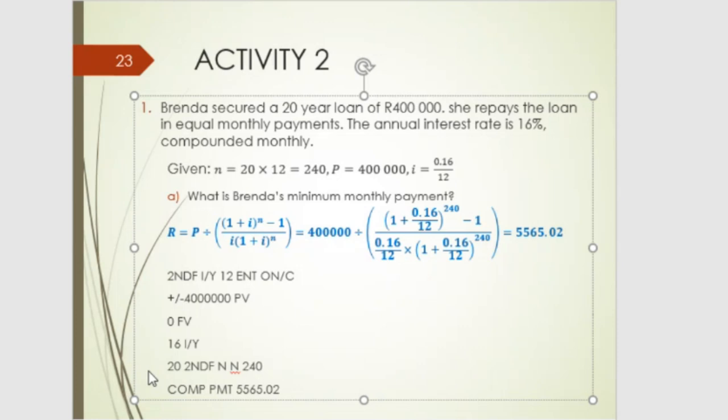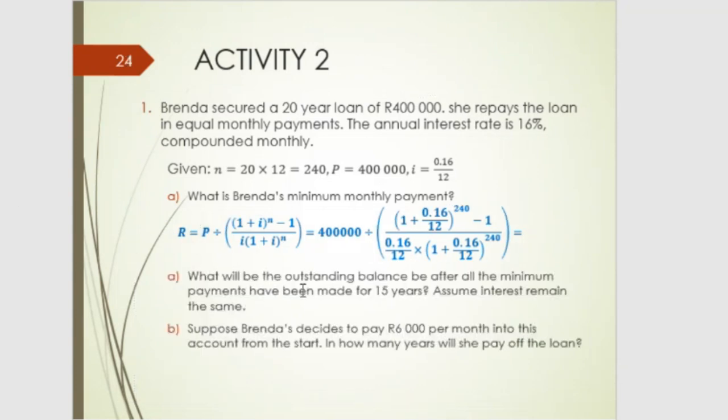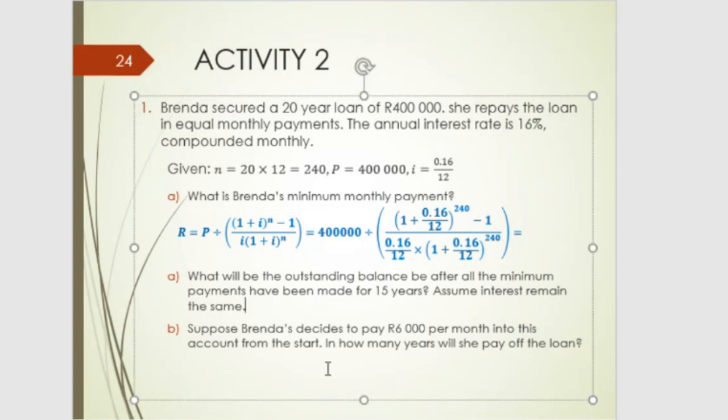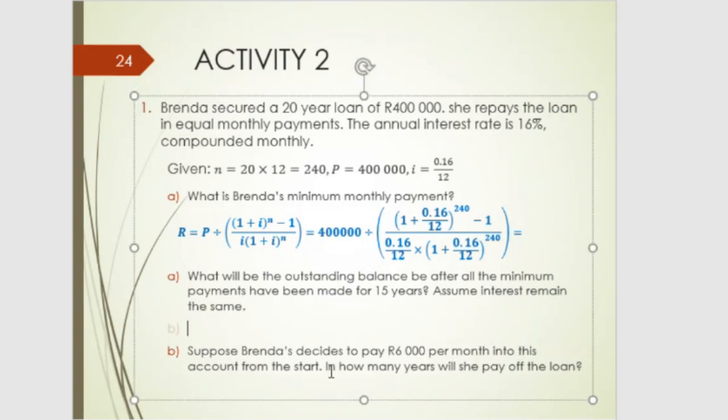Yes, I used the Sharp and then I confirmed. All right, thank you. Let's look at the second one. It says, what would be the outstanding balance after all the minimum payments have been made for 15 years? Assume interest remains the same, right?